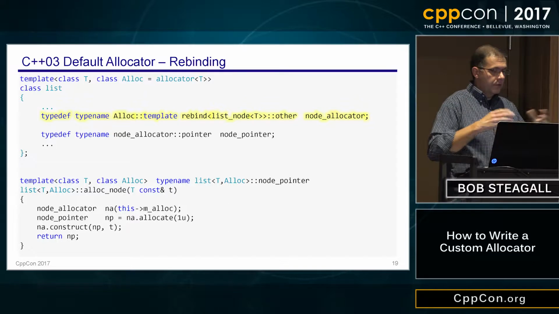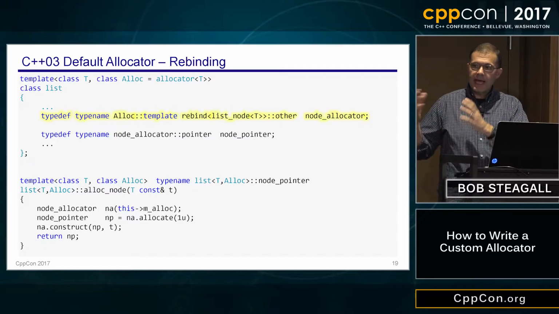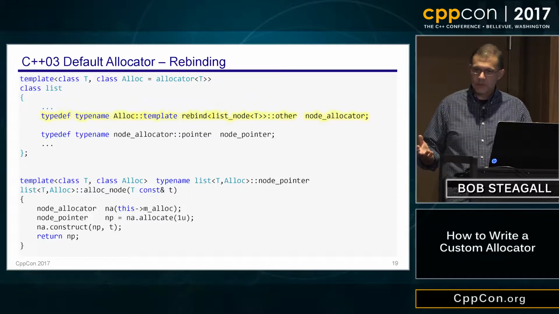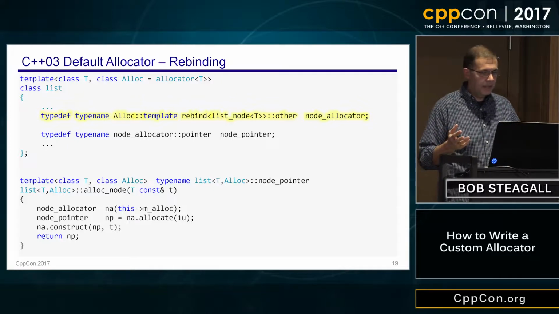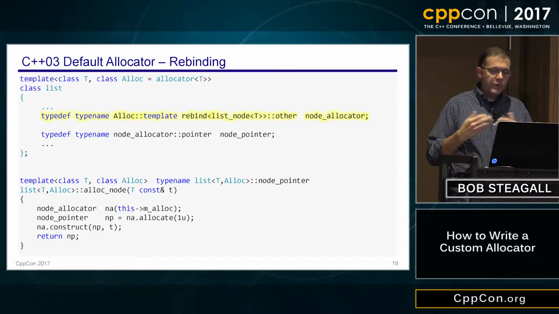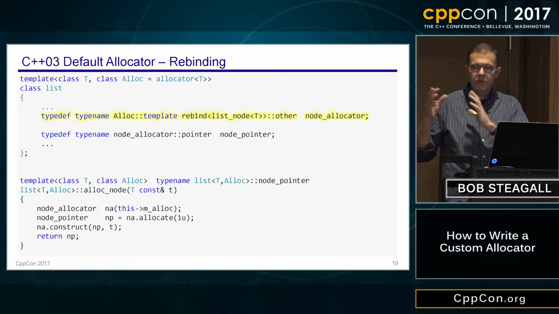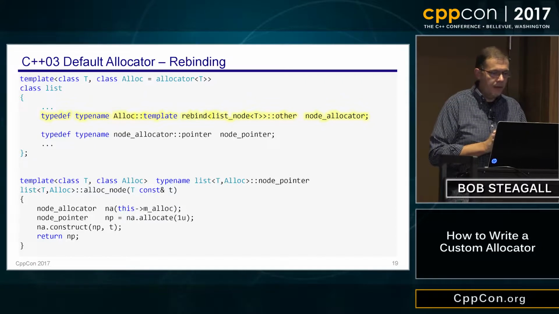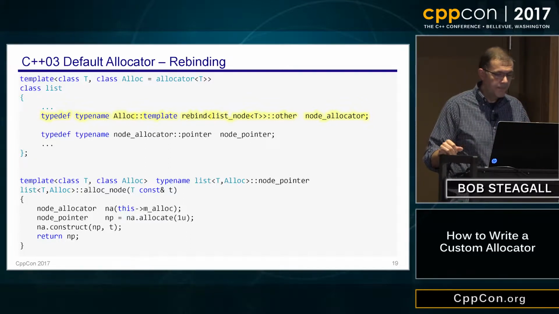Well, the template signature of list is parameterized by the element type T and an allocator of T. But in a linked list, you don't allocate T's, you allocate list nodes of T. I never need to allocate a T, I need to allocate a list node. So what the rebinder did was provide a way to transform the type allocator of T into allocator of list node of T. And in the highlighted text along the top there, you can see the egregious syntax that's required to make that happen.